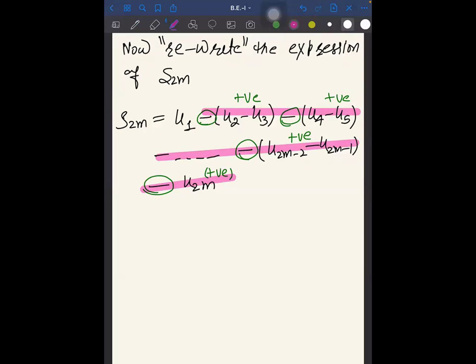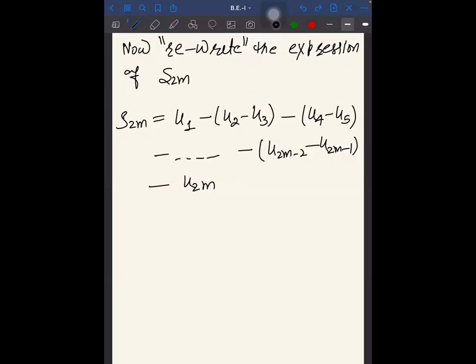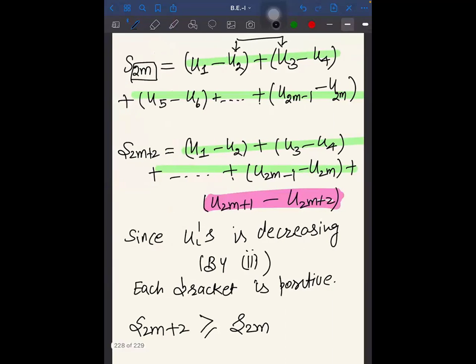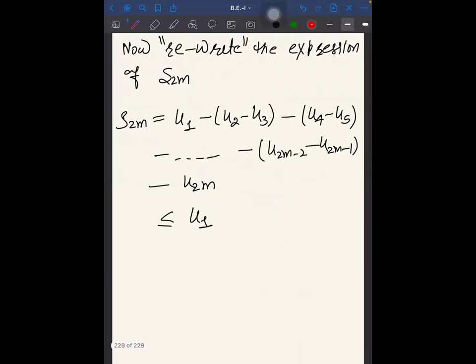Basically you are subtracting something from U1, so this quantity will always be less than or equal to U1. True? I'll mark this as star and this as double star. So S2m is less than or equal to U1.